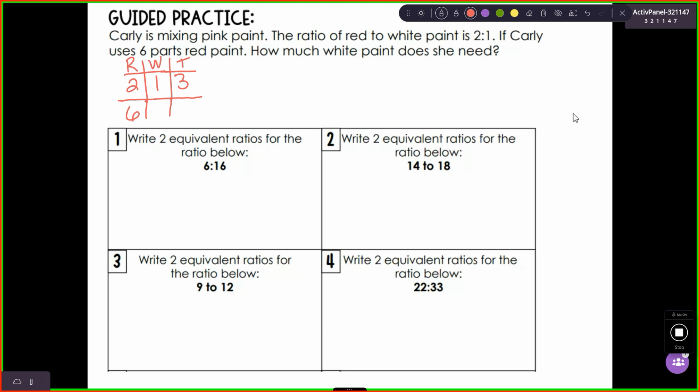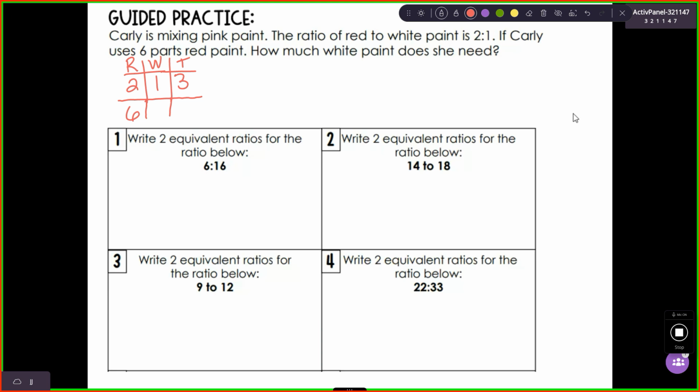Now, you can put your thumbs down. Does everybody understand why I put the 6 there? Because it said on that next sentence that it was 6 parts red paint. So I needed to put the 6 also under red.